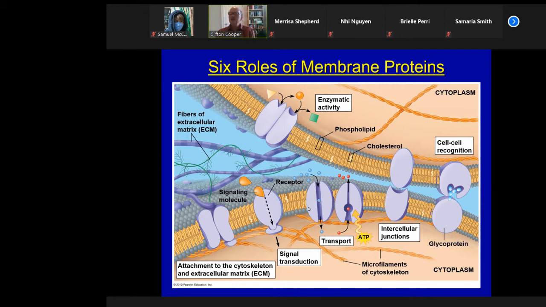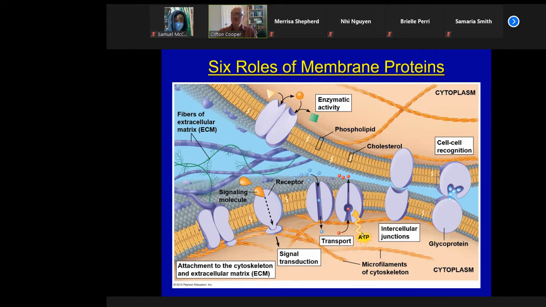Otherwise, the sugar stays trapped in the bloodstream, and that can be lethal if somebody has type 1 diabetes and doesn't get, say, insulin injections. But if they do get the insulin, then the receptor receives that signal and it tells the transporter, take in the blood sugar.